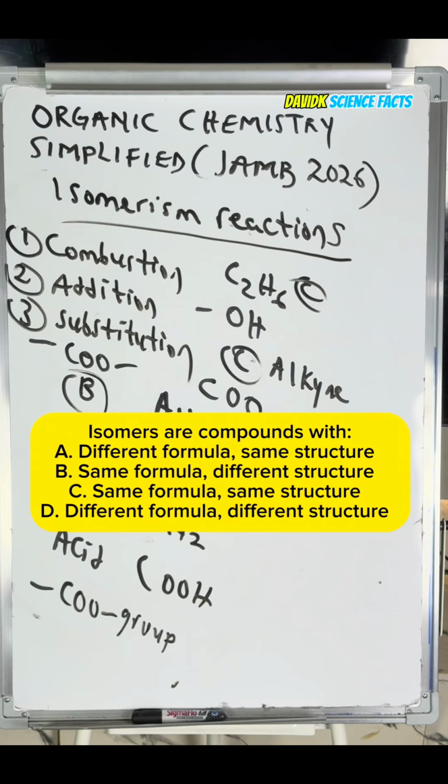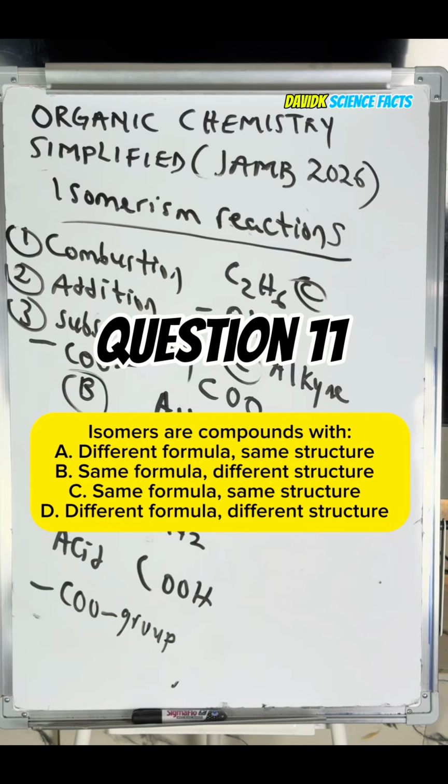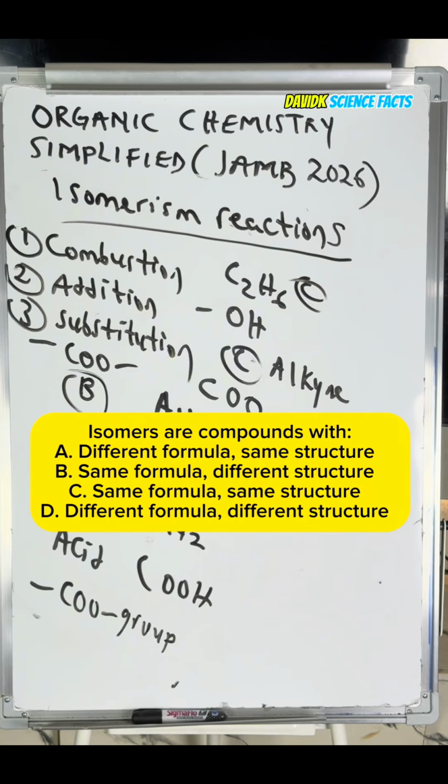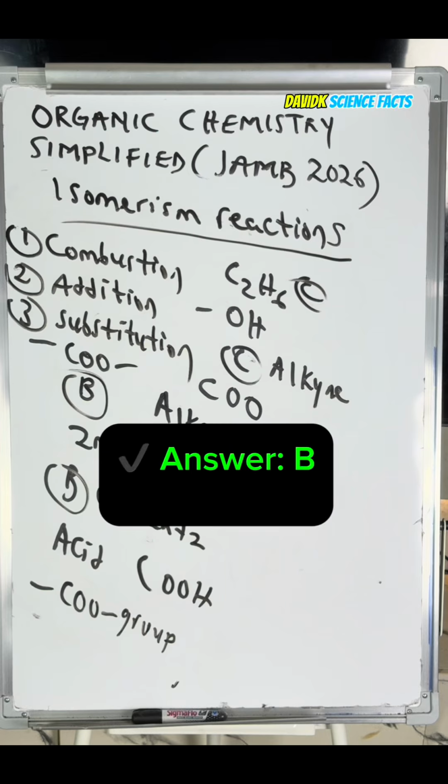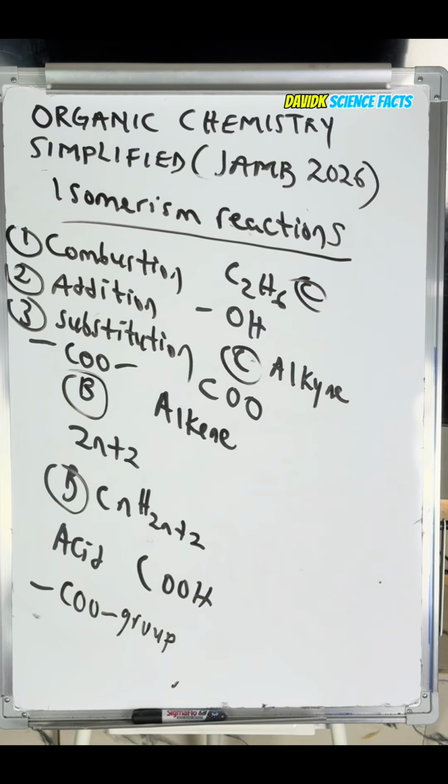Question 11. Isomers are compounds with A. different formula, same structure, B. same formula, different structure, C. same formula, same structure, D. different formula, different structure. The correct option is B. Same formula, different structure.